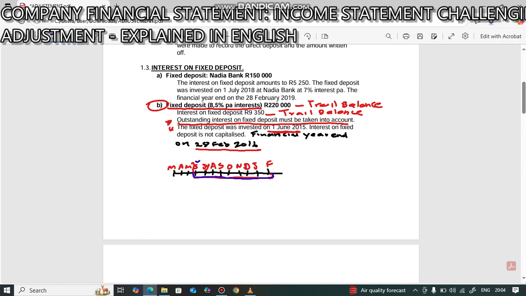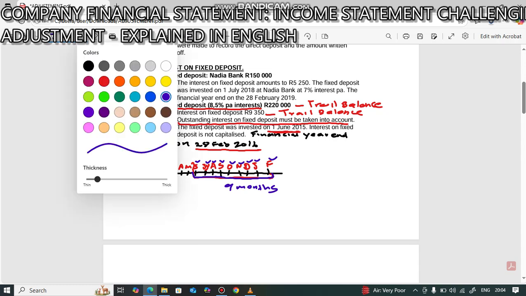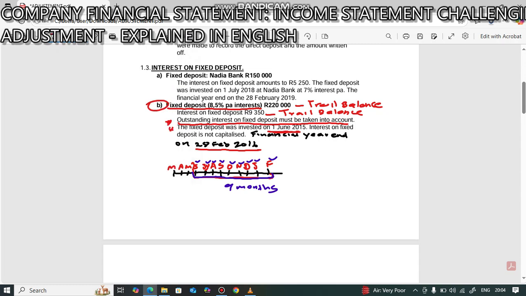The first month is June: 1, 2, 3, 4, 5, 6, 7, 8, 9. So we have 9 months, because the investment took place on the 1st June during the year 2015. The year is ending in 2016, meaning it started in 2015.